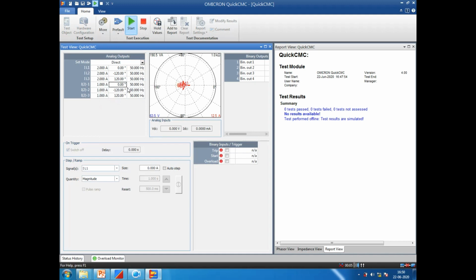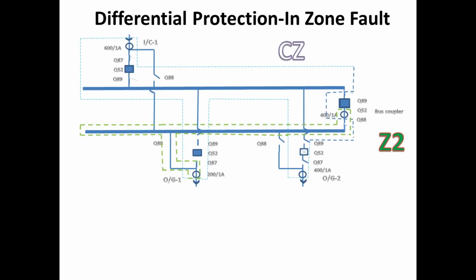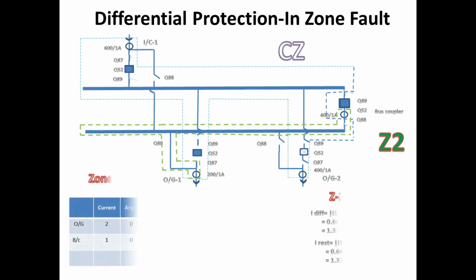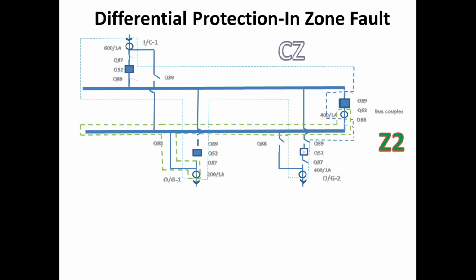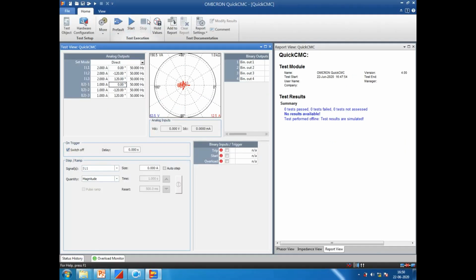The magnitude for outgoing and bus coupler is 1. So for zone 2 I have I differential 1.32, but for check zone I get only 0.66. So it will not give trip because our check zone sees only outgoing 1. It is not seeing the bus coupler, though we inject outgoing and bus coupler. So it does not trip.